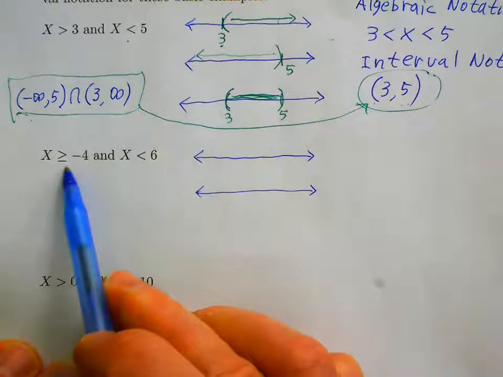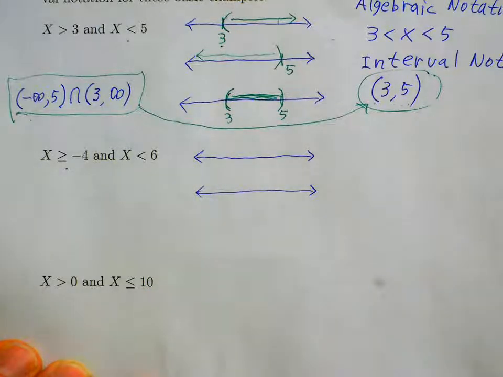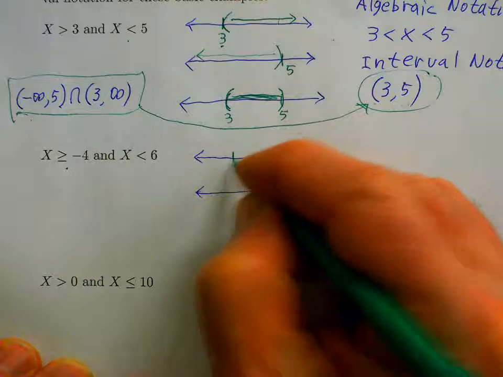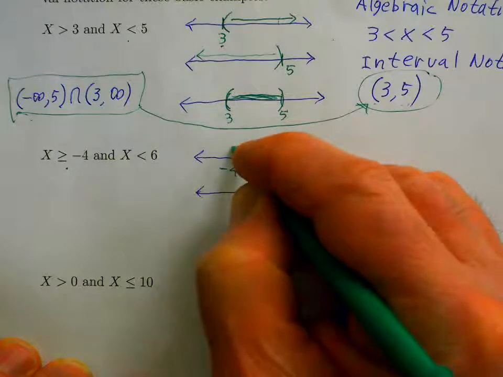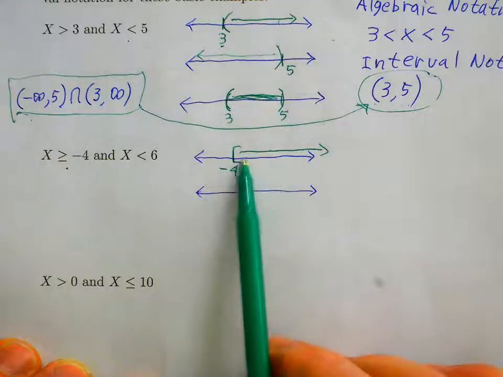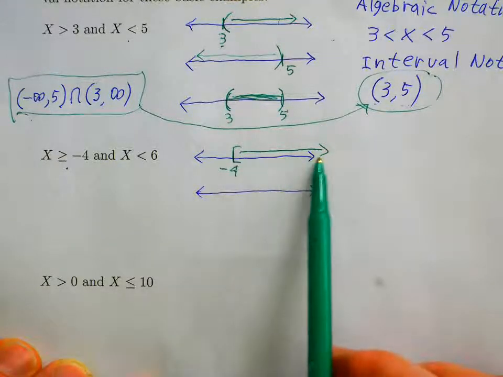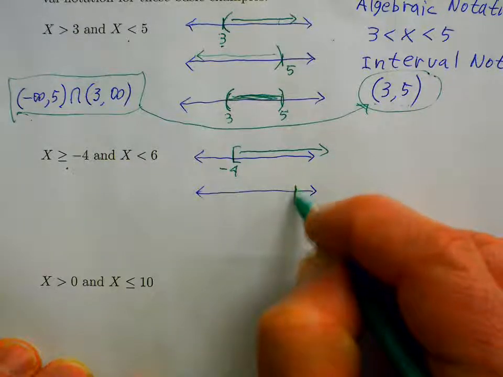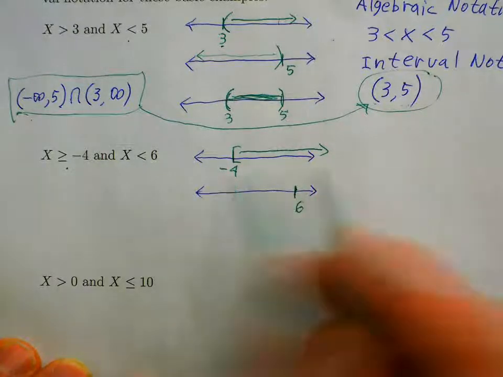If x is greater than or equal to negative 4, we have negative 4 bracket and shade to the right. To the right means greater than. The other one, x is less than 6. So 6 is to the right of negative 4.